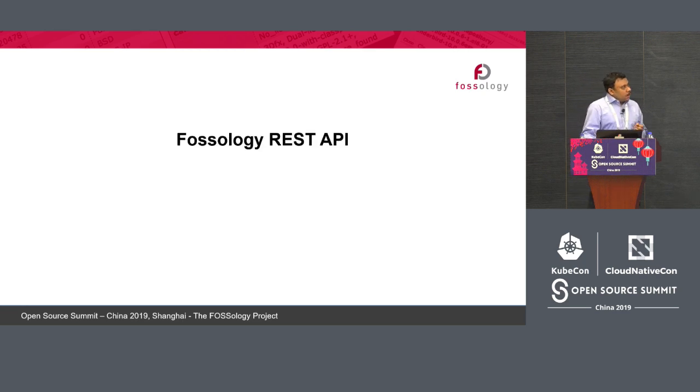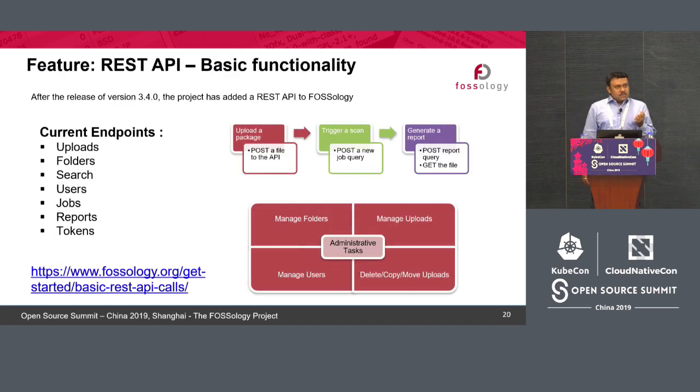FOSSology REST API. Automation has been a buzzword for a long time, and that's the reason we came up with the FOSSology REST API. Now it supports a REST API interface so that it becomes easier for users to integrate with the tools they are looking for, or for uploading a package or integrating with any other tool they want. As of now, with the 3.4.0 version, we are supporting the REST API.